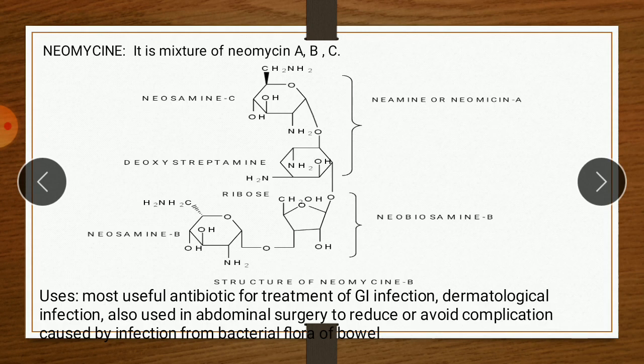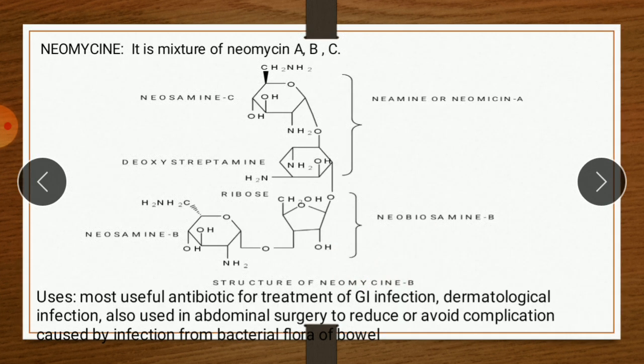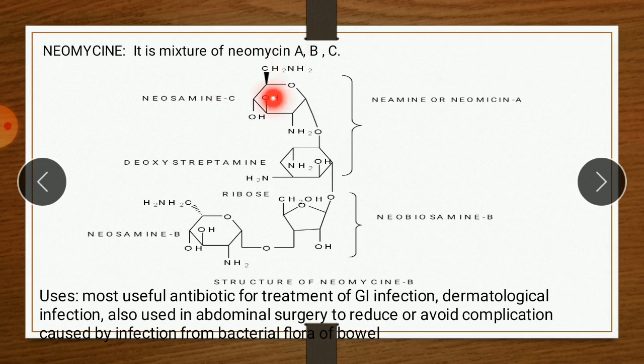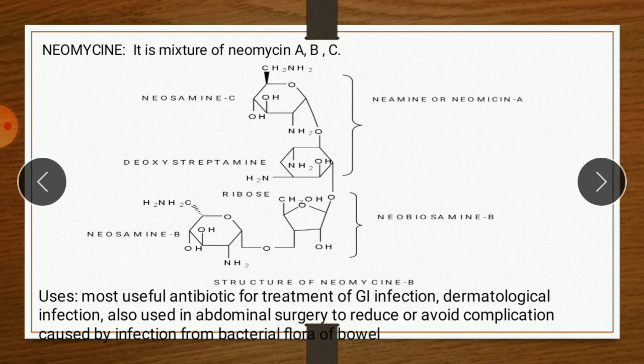Next aminoglycoside, Neomycin. It is a combination of Neomycin A, Neomycin B and Neomycin C. Here is the structure of Neomycin B. This structure consists of four rings. The first ring is called Neomycin C. The second ring is the deoxystreptamine ring.